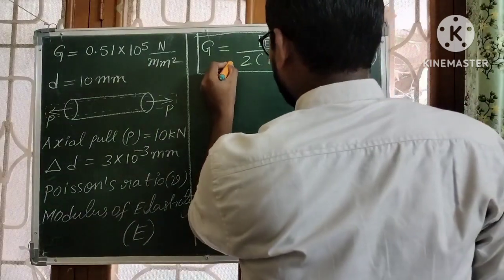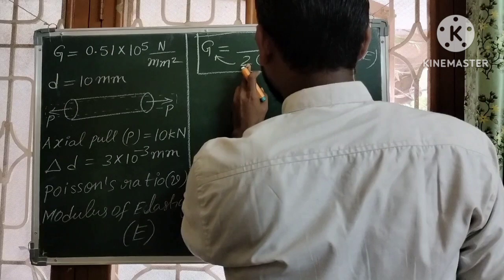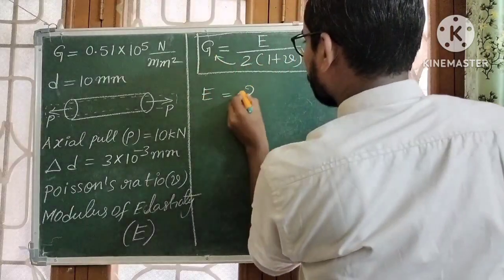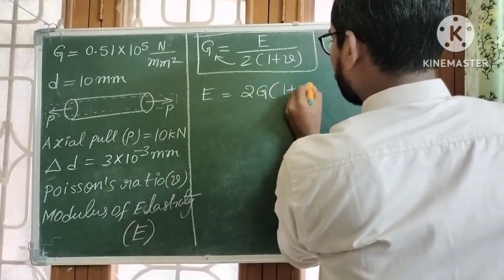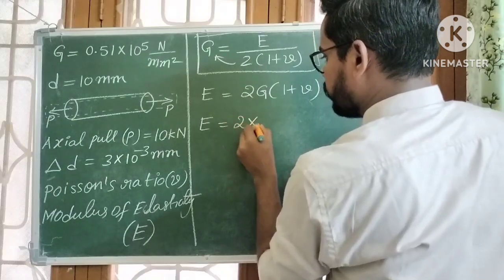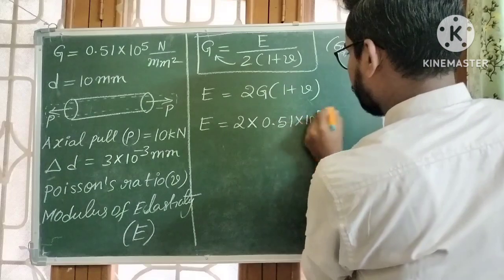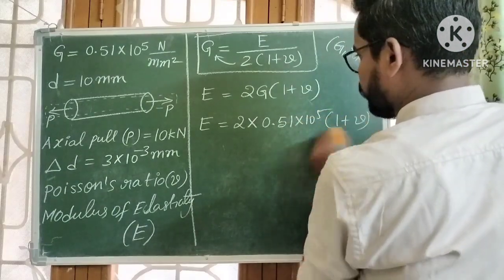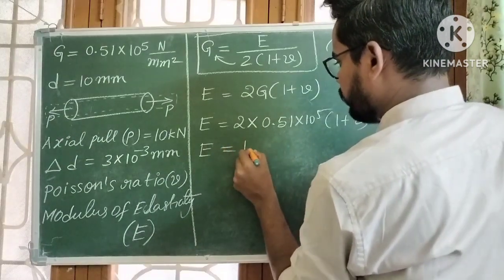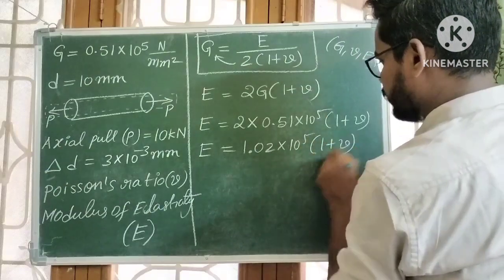So G is equal to E by 2 into 1 plus mu. Transposing, E is equal to 2G into 1 plus mu. What is the value of G? E is equal to 2 into 0.51 into 10 to the power of 5 into 1 plus mu. If you calculate, you will get 1.02 into 10 to the power of 5 into 1 plus mu.